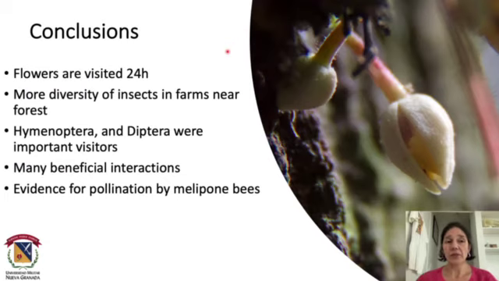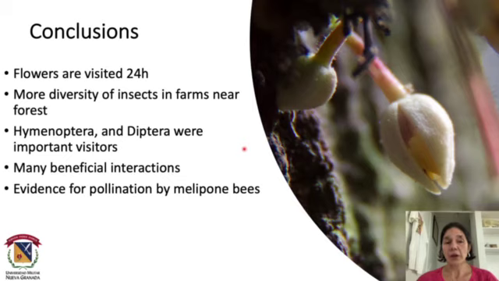Flower visitors come 24 hours a day, although most visits occur during the morning and afternoon. Proximity to forest is important, as more diverse insects visit cocoa flowers in farms near forest.